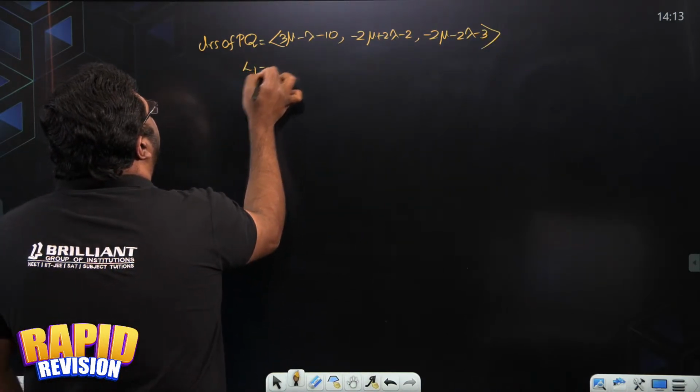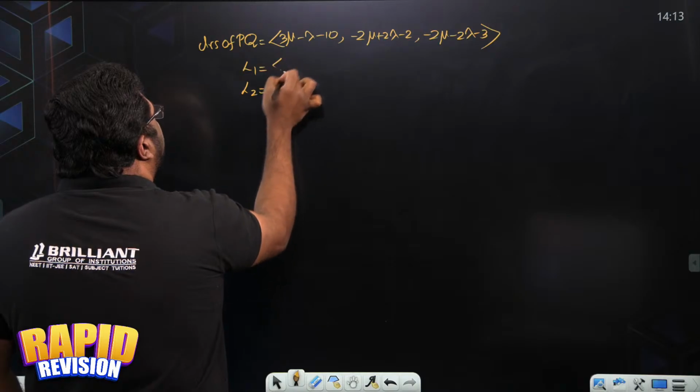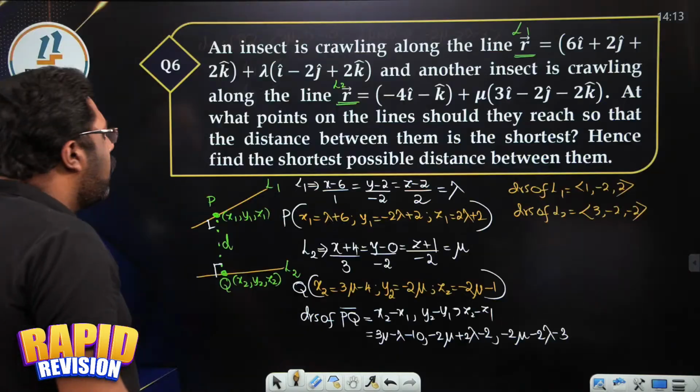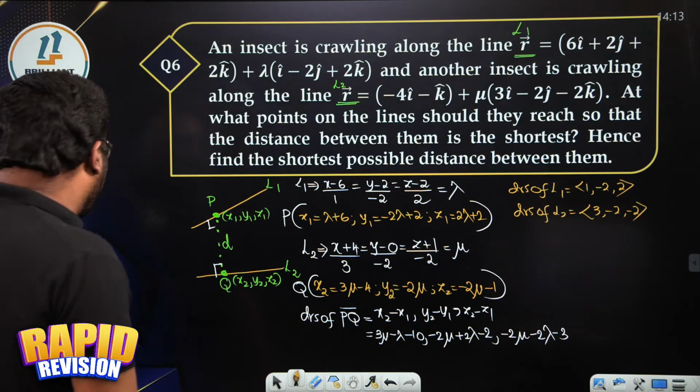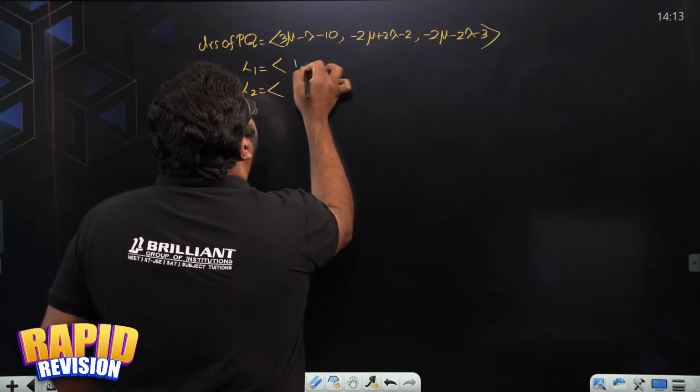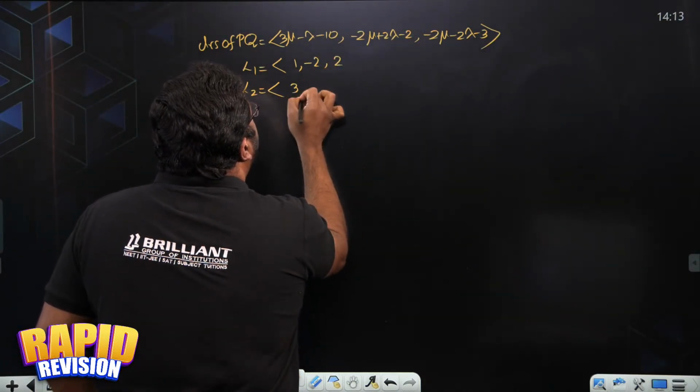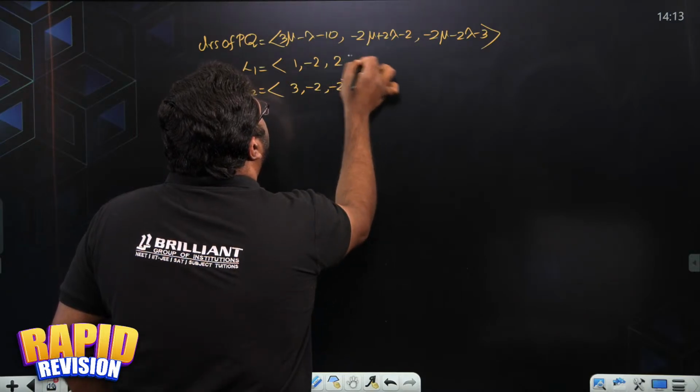Direction ratios of L1: 1, minus 2, 2. Direction ratios of L2: 3, minus 2, minus 2.